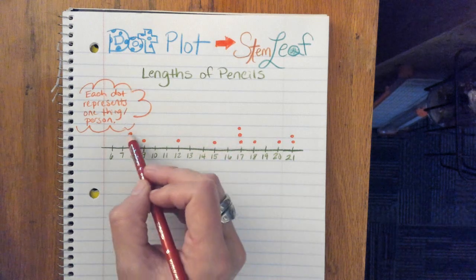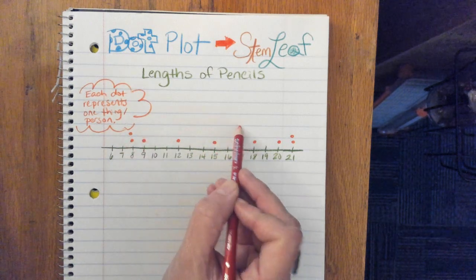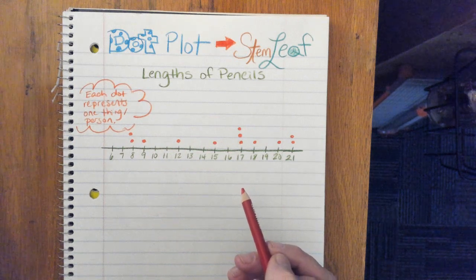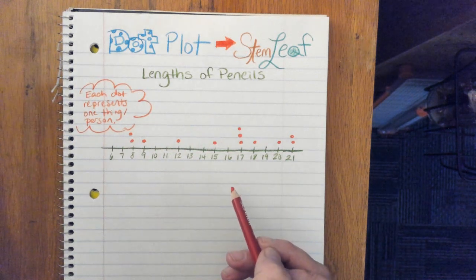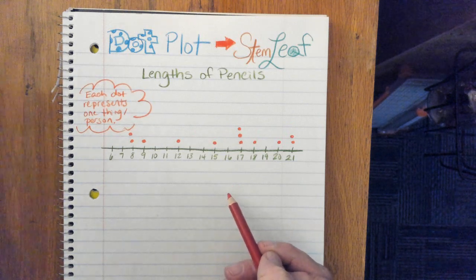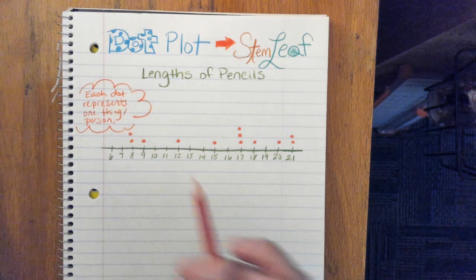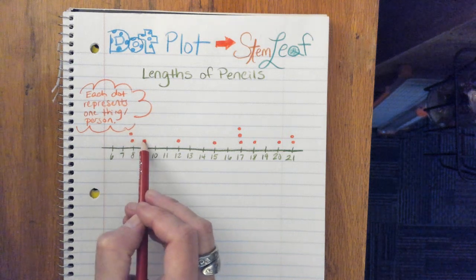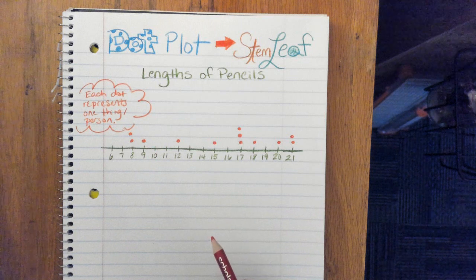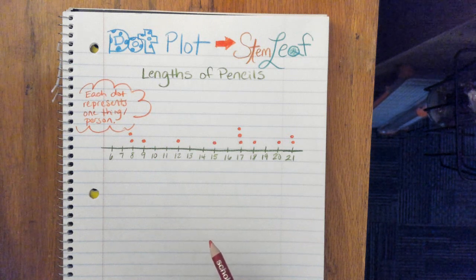And the answer would be 12. Or I could say, how many pencils were there? And the answer would be 12. I could ask, what fraction of the pencils were less than 10 centimeters? And because 1, 2, 3 are less than 10, that would be 3/12. And 3/12 simplifies to 1/4.